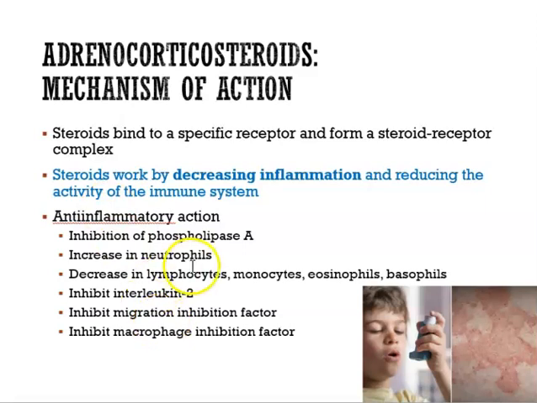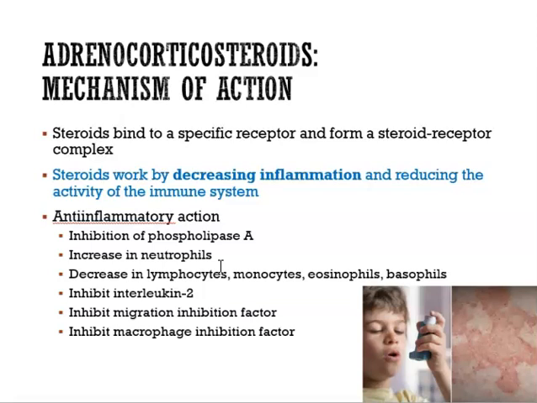Here it says anti-inflammatory action, and you'll see words like neutrophils, lymphocytes, interleukin, macrophage. Except for interleukin, which is a cytokine that we can look at some other time, these are all white blood cells: macrophages, lymphocytes, monocytes, basophils, neutrophils. White blood cells are really important for inflammation, for activating the immune system.